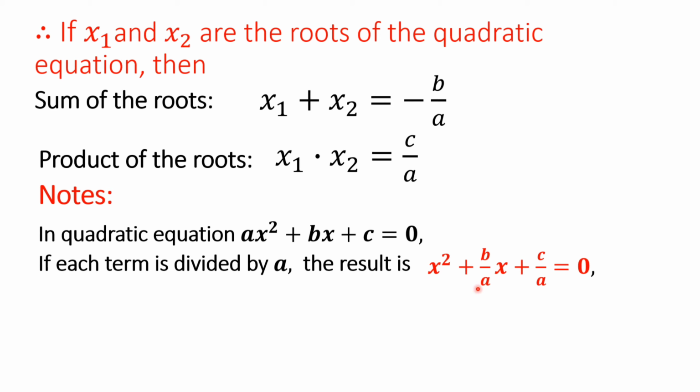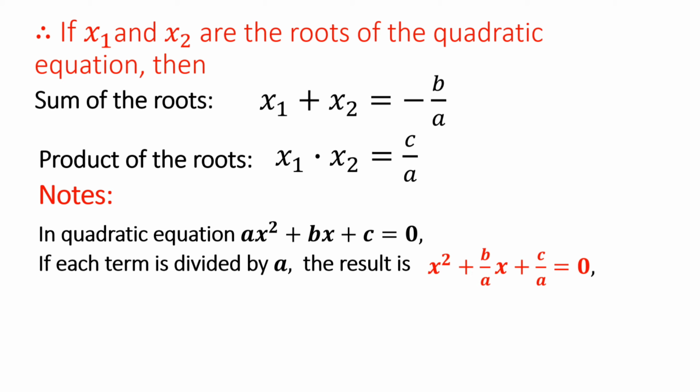Kung titingnan natin yung linear coefficient at saka yung formula ng sum, ang relation nila ay additive inverse sa isa't isa. So ibig sabihin, additive inverse nung coefficient ni x ay yun ang magiging sum ng roots ng quadratic equation. Samantala, yung product naman is exactly the same as the constant after we divide each term of the quadratic equation by the value of a.